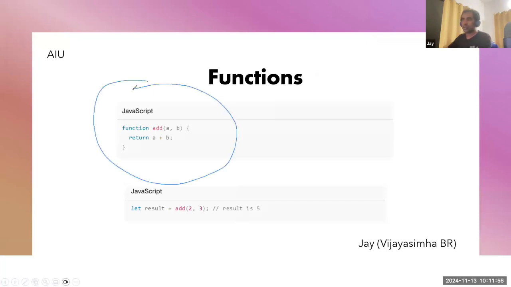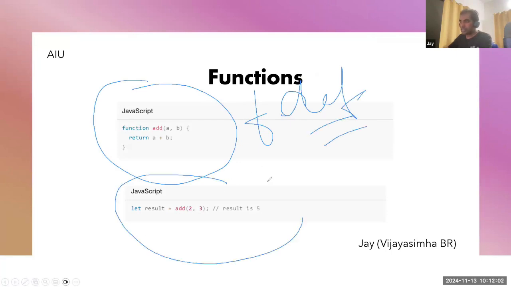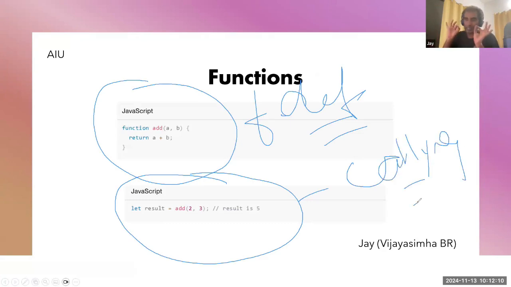So this part is the function definition, and this part here is the function calling. Okay, I'm gonna really slow down and repeat this a couple of times, okay? Because this is something I don't want to rush through, okay? I know I only have 45 minutes here, but I want to make sure this goes into your head properly.